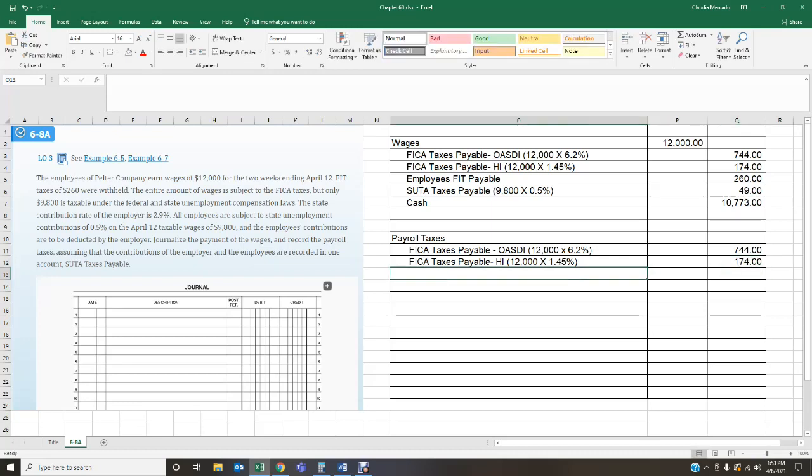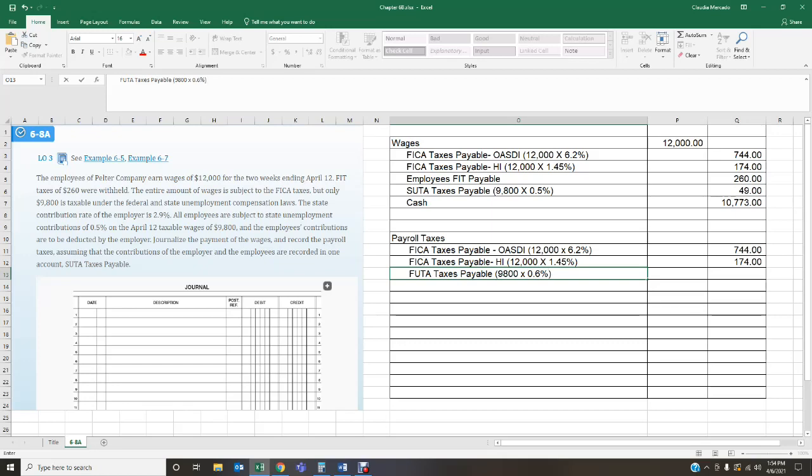Okay, and then we have two unemployment taxes that the employer has to pay, and this is FUTA taxes payable. Now for FUTA and SUTA, it says only $9,800 is taxable under the federal and state unemployment. So that's the amount that I'm going to use for FUTA, and I'm going to multiply it times my FUTA rate. We learned that the FUTA rate after our credits is 0.6%.